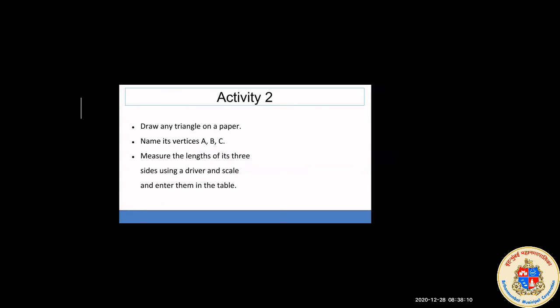Now, activity 2. Draw any triangle on a paper. Name its vertices ABC. Measure the length of the three sides using a divider and scale, and enter them in a table.